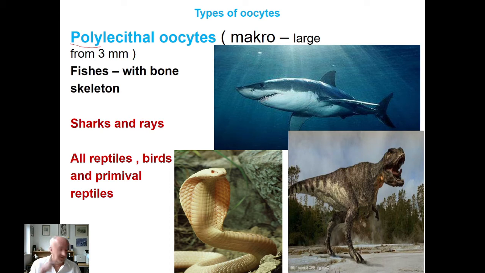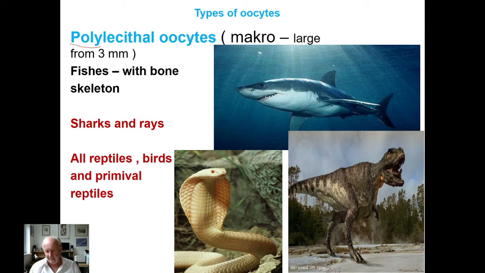So maybe around 80 centimeters could be its oocyte large. Bony fishes, all sharks and rays, all reptiles, birds and primeval reptiles have polylecithal oocytes.